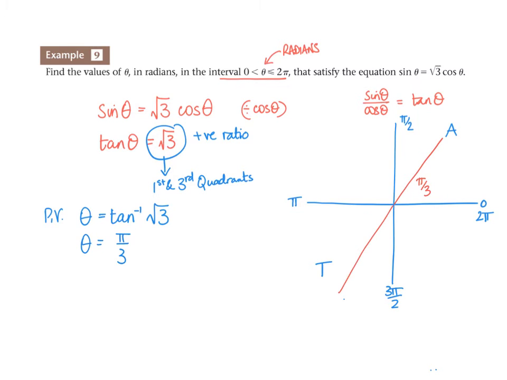So the two angles that we've got, pi by 3 is in the first quadrant, and then we need pi plus pi by 3 for the third quadrant. So altogether it's pi by 3 the first quadrant, and then for the second one it's 4 pi by 3. So in radian mode, if you pop that into your calculator, you'll find that those two angles will give you √3.